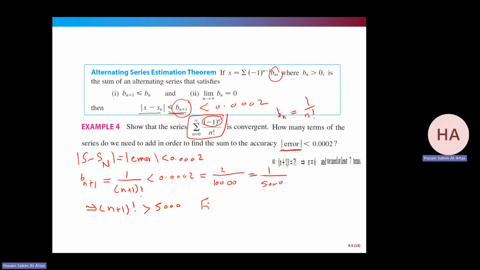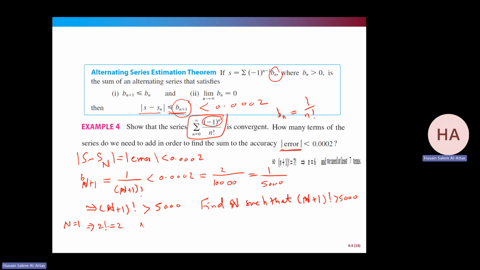I need to find capital N, such that (N+1) factorial is greater than 5,000. I'm doing it in detail. If capital N equals 1, you get 2 factorial, which is too far.